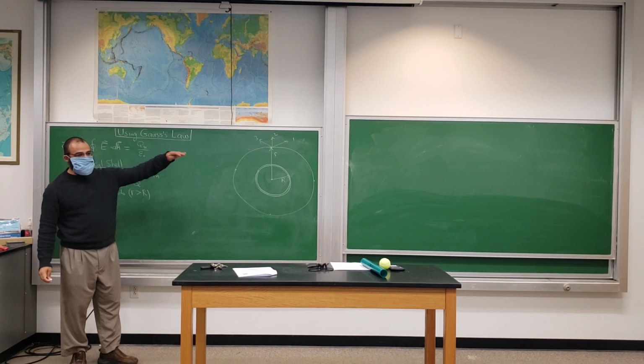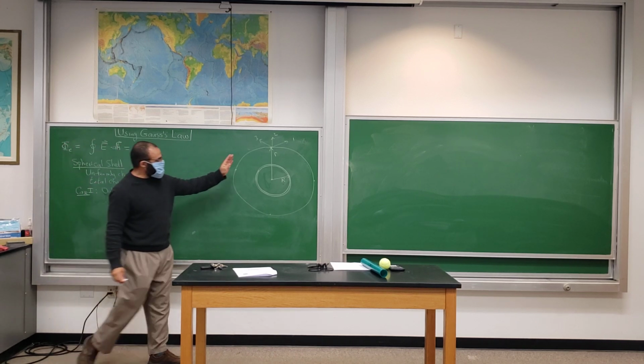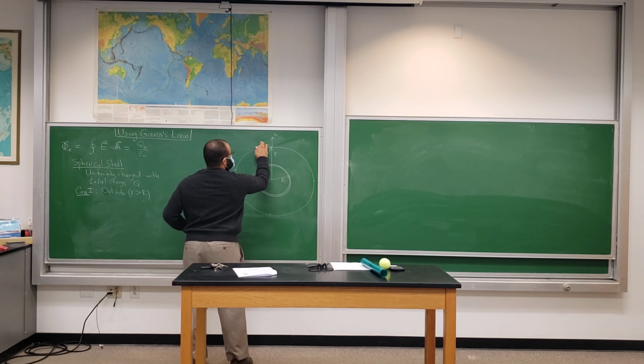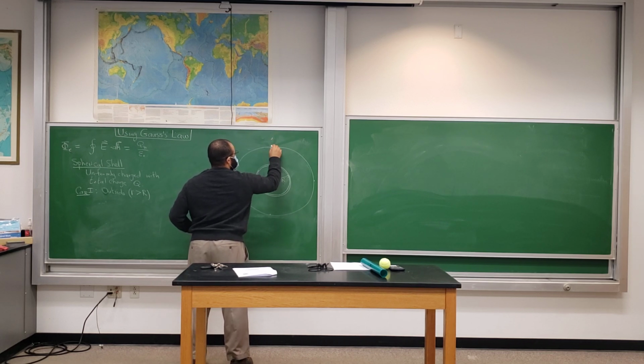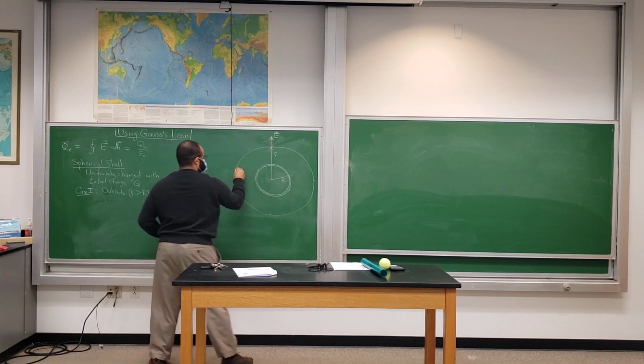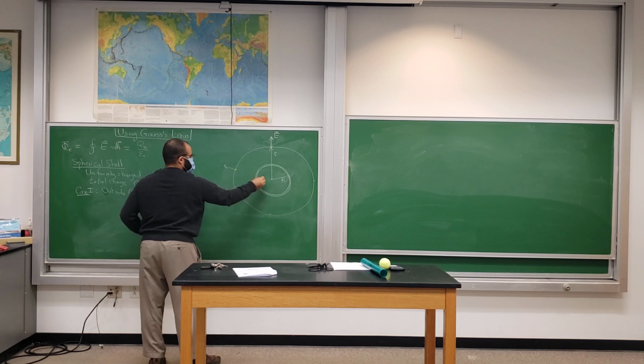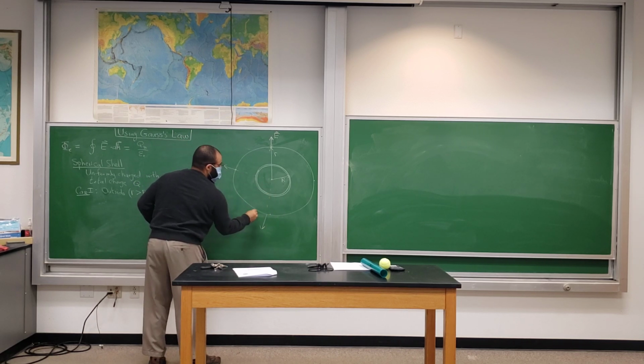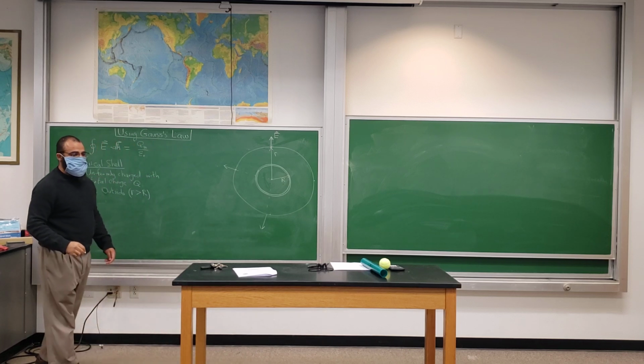Why should it bend one way versus the other? It's due to symmetry again. It's away, so the electric field here will point in this direction, here in this direction, and here in this direction. So it's always away.